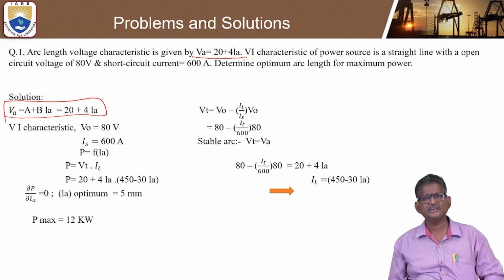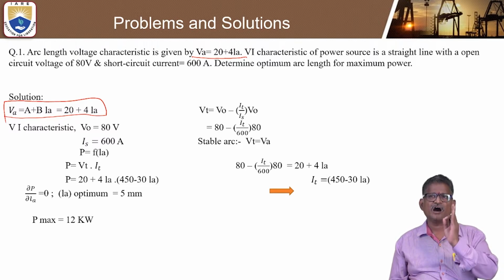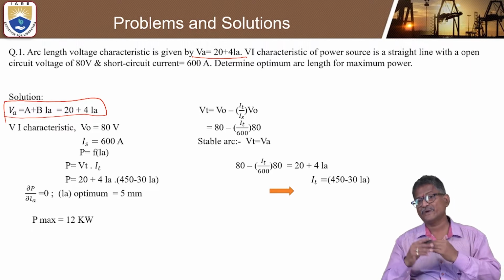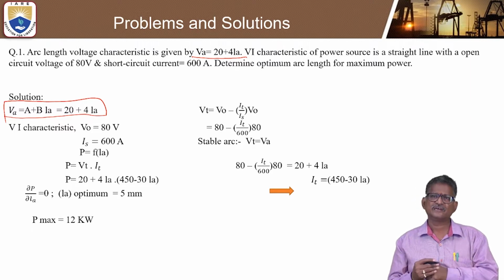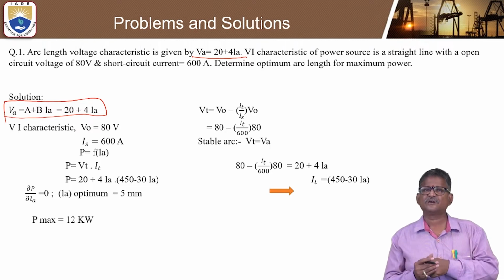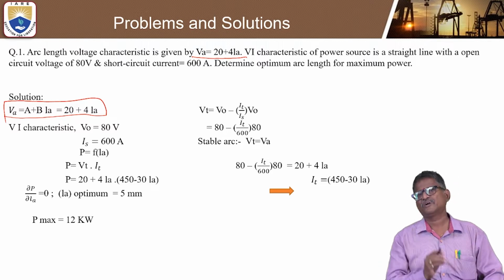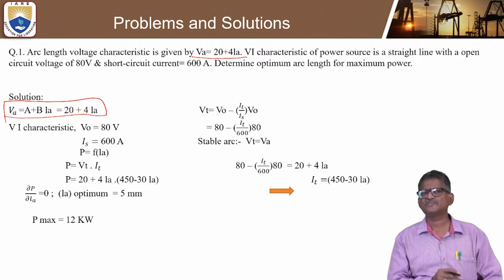They have given the open circuit voltage as 80 volts and the short circuit current as 600 amperes, and we are supposed to determine the optimum arc length for maximum power. Here it is just simple mathematical equations and some derivations. With this small mathematical principle you can solve this problem.